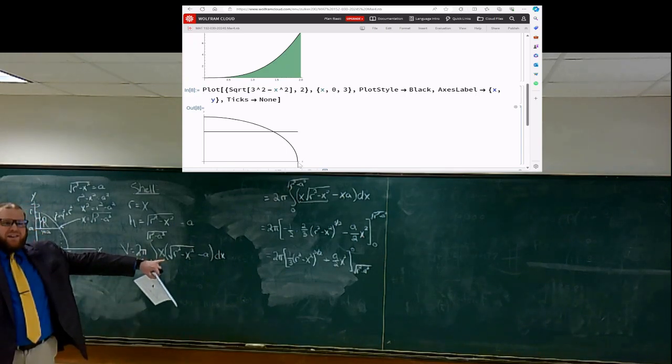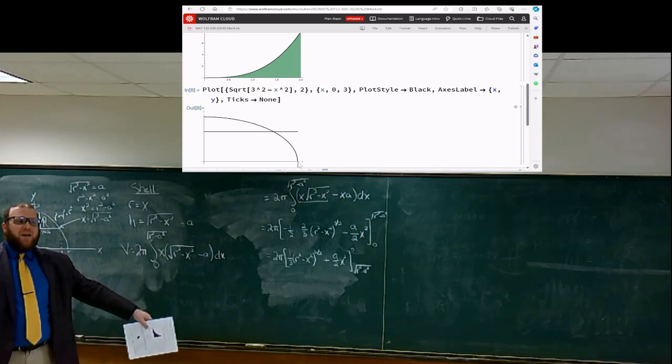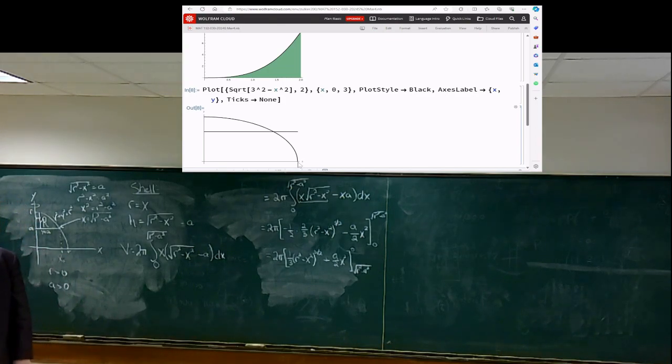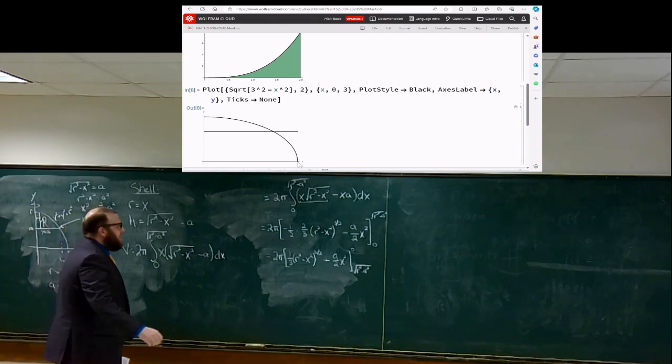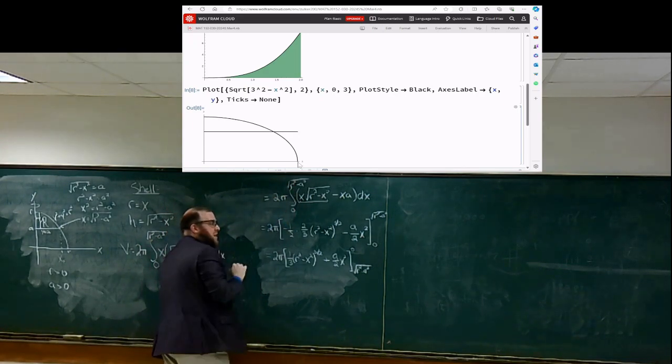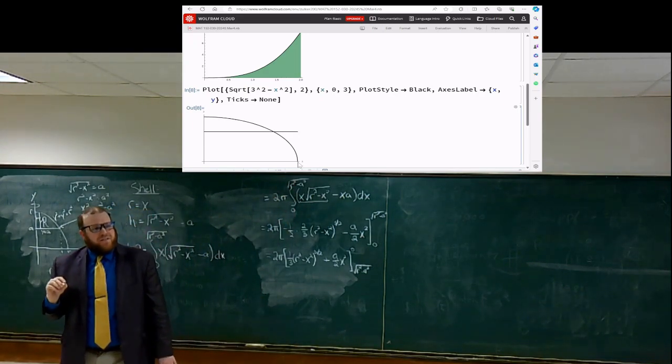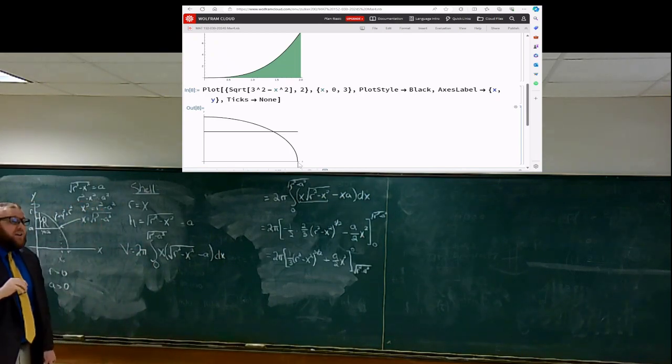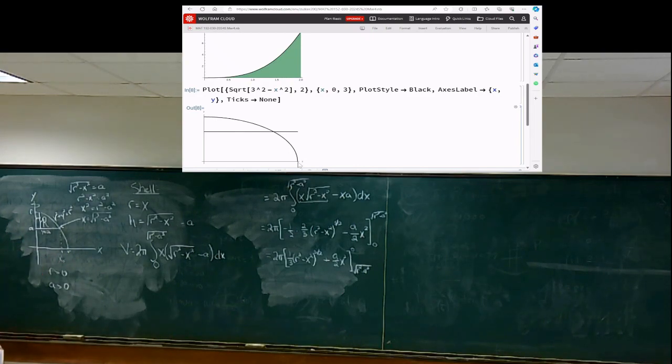I'm going to factor out the negative and flip the order in which we evaluate. Ultimately what that means is, remember, if you flip the limits of integration, you multiply the result by negative 1. So that's all I did there. I got rid of that negative because there was a negative in both of them.